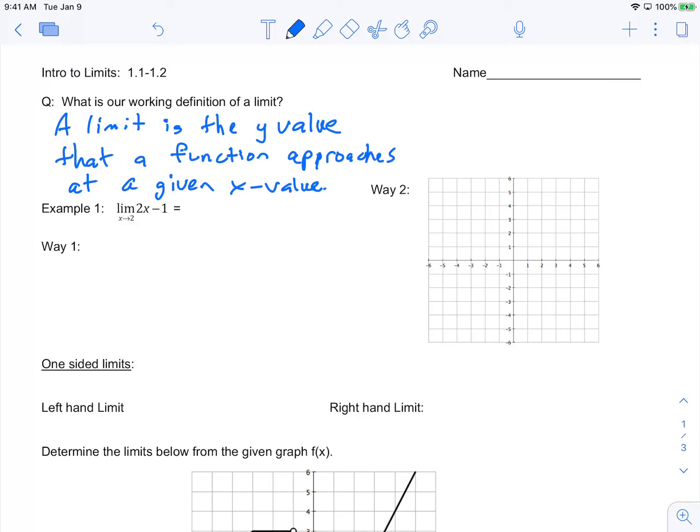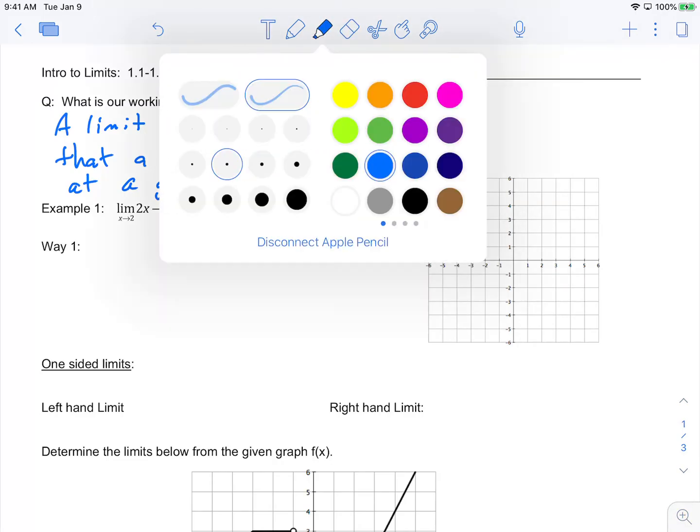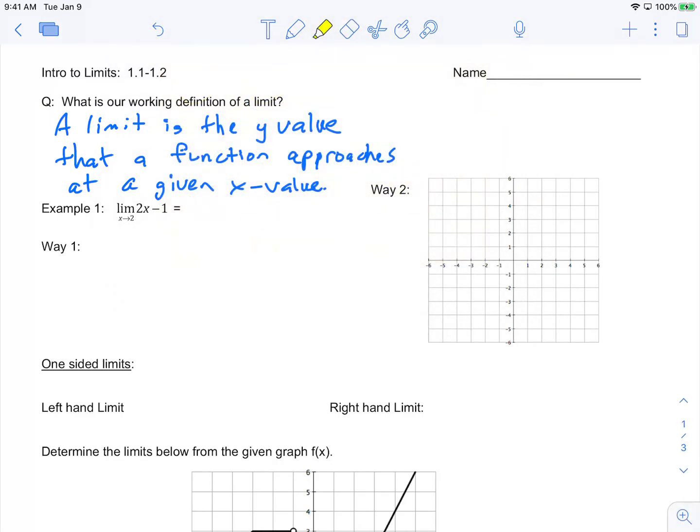Okay? And so just remember that a limit, where's my highlighter here? There we go. A limit is always going to be the y value of a function, okay? And it's based off the x value.